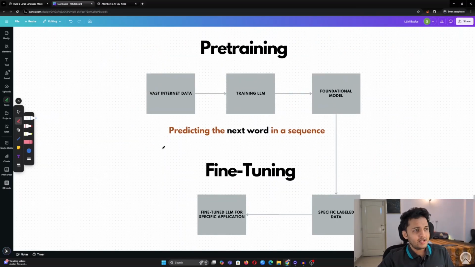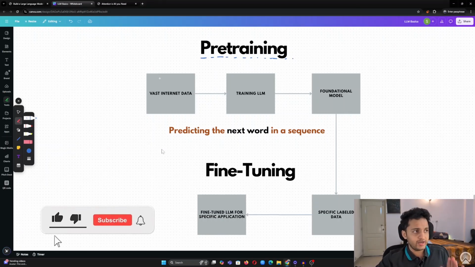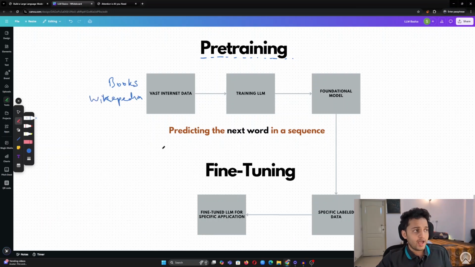Now let's see, how is an LLM trained? The first part of building an LLM is called the pre-training part. We start with a huge amount of internet data. We'll start with a lot of books. We'll start with Wikipedia and a lot of papers.